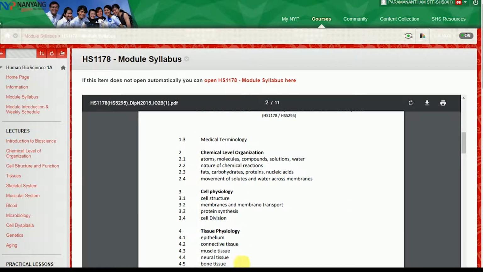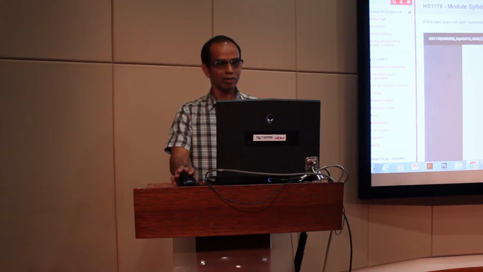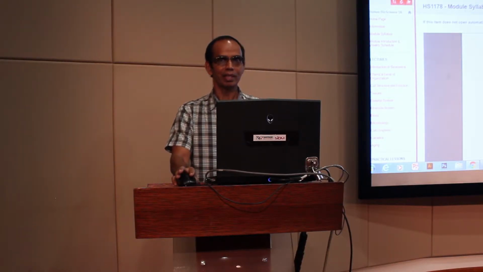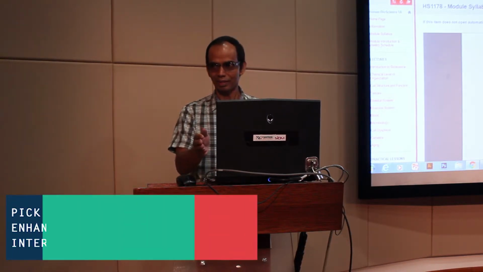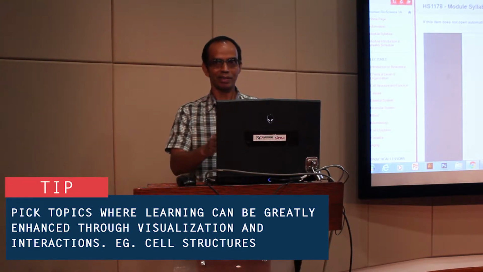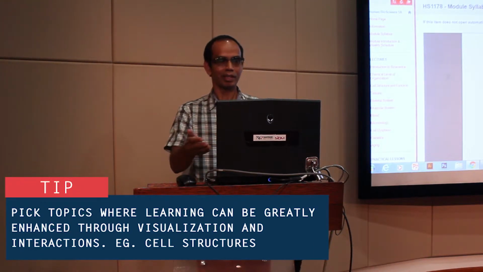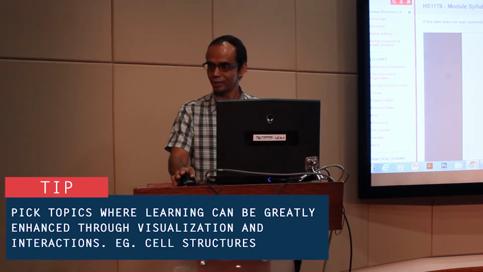Out of these so many topics, I chose cell physiology for e-learning because cell is such a small structure, and many students have difficulty in visualizing the small structures. So that's why I chose this topic, so that they can see animations and they can interact with the cell structure. So that's why I chose cell physiology.